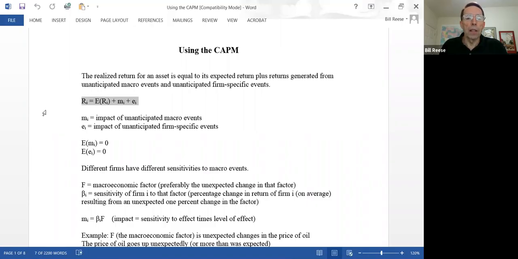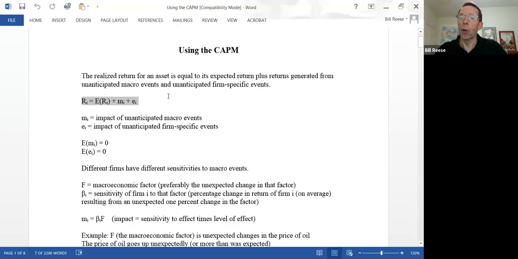Now, let's think about that in the context of this formula. It says the actual return for a stock is equal to its expected return plus the impact of things that weren't expected.